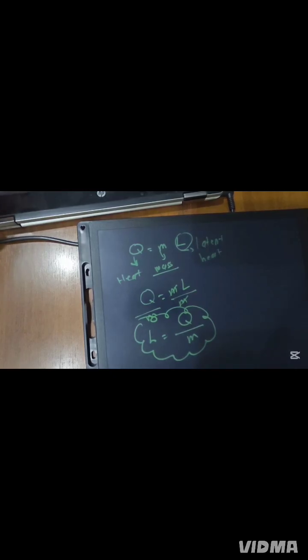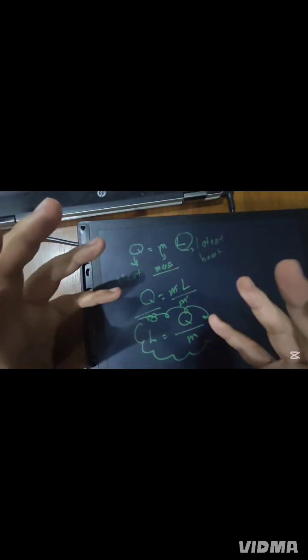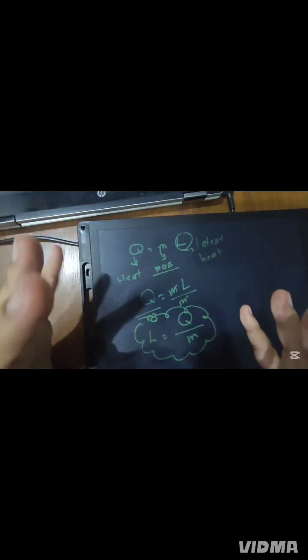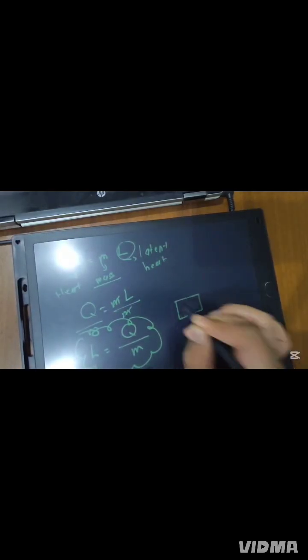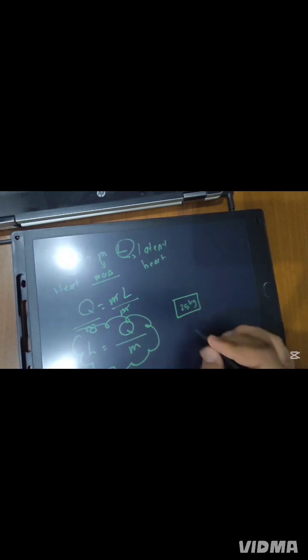By understanding the rule, you can understand what latent heat is. We have a mass of any object, and we give it energy. For example, we have this container with a mass of 25 kilograms, and we give this container energy.